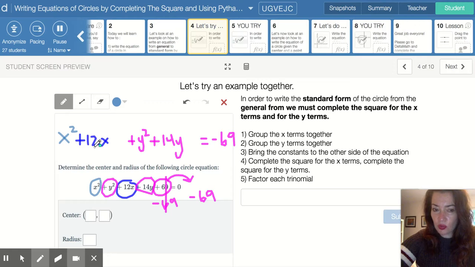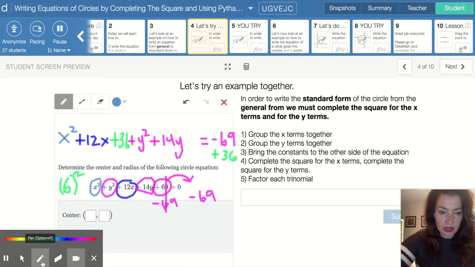So half of 12 is 6, and then we square it. So we're going to add 36 to this binomial. But remember, whatever we do on the left, we need to balance the equation. I'm going to add 36 on the right side.